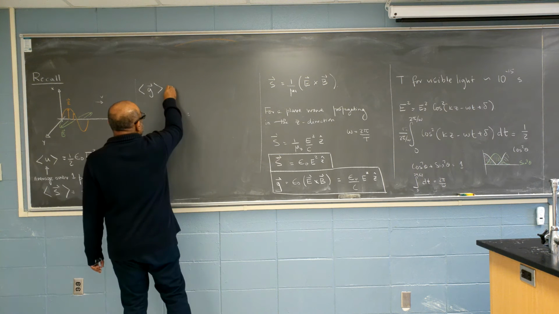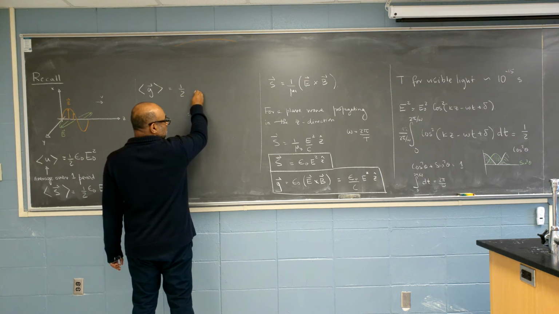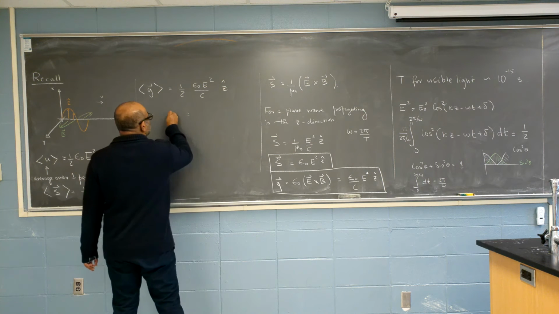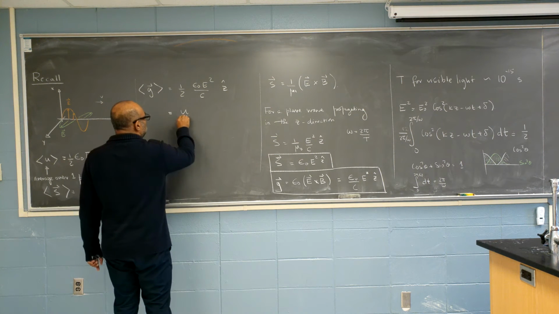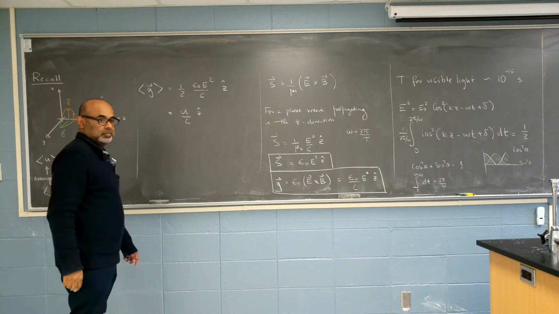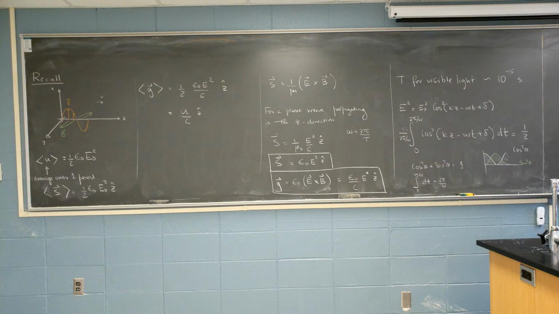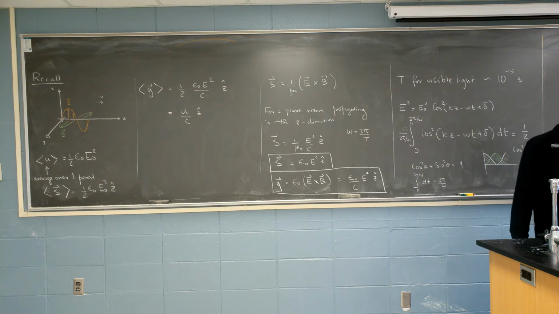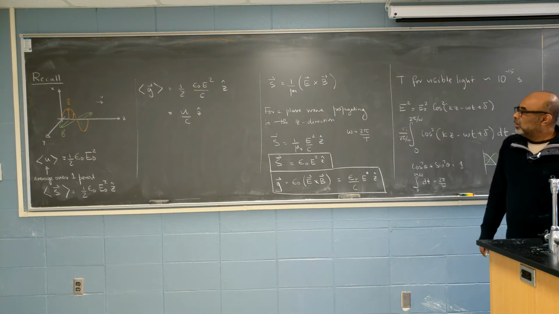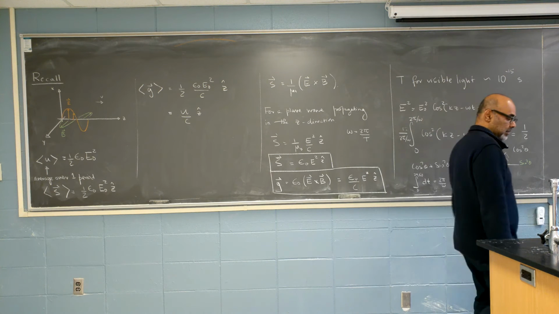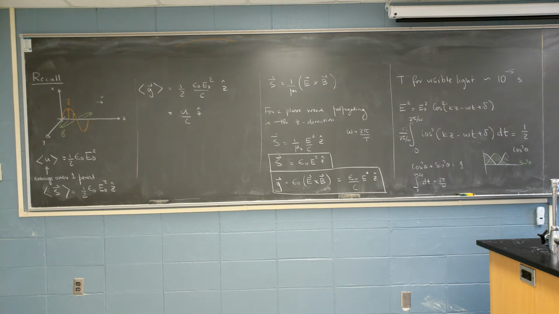Average momentum density is 1/2 epsilon naught E squared over c, z hat, and isn't that just U over c? Correct?